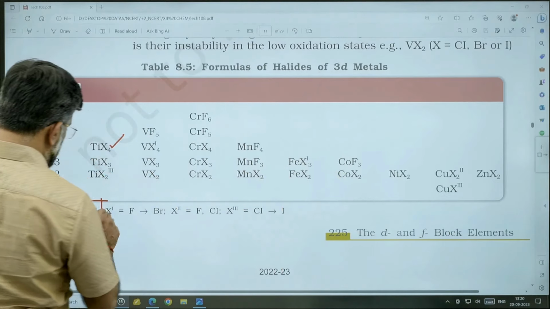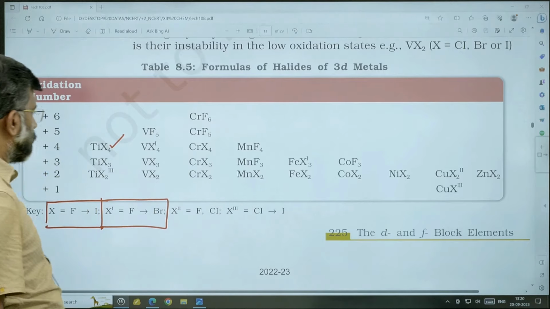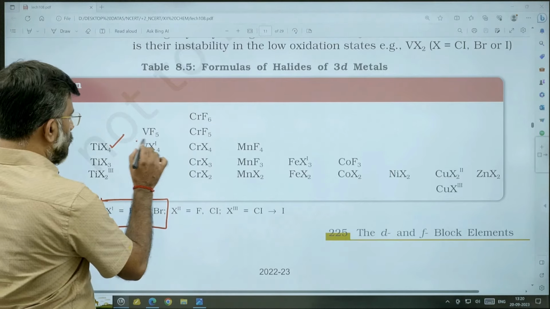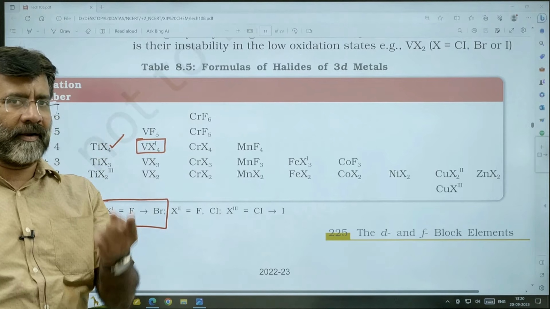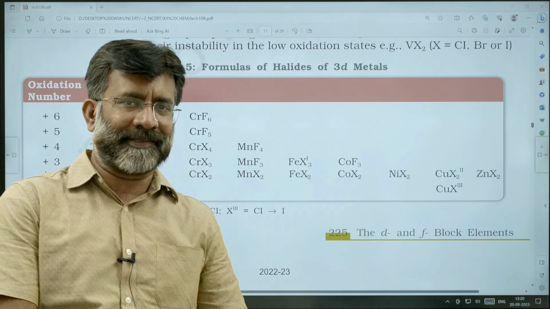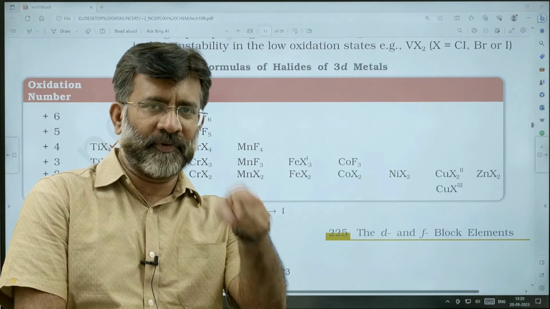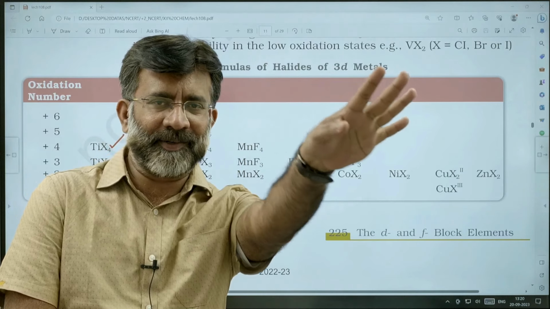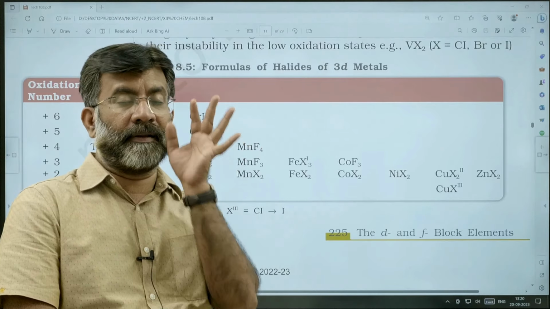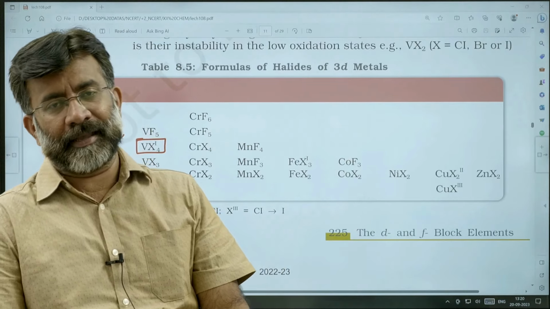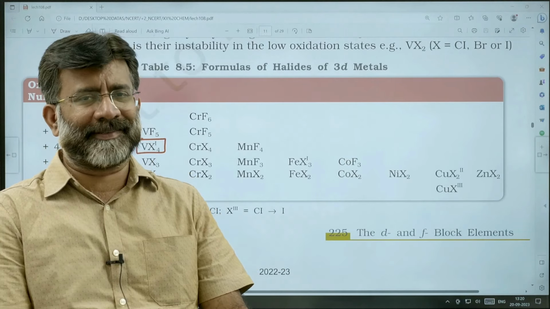What about VX4? VX4 means fluorine to bromine except iodide. VF4 exists. VCl4 exists. VBr4 exists. VI4 does not exist. You have to get a picture clearly from the data, because there can be a direct question: which exist, which do not exist.